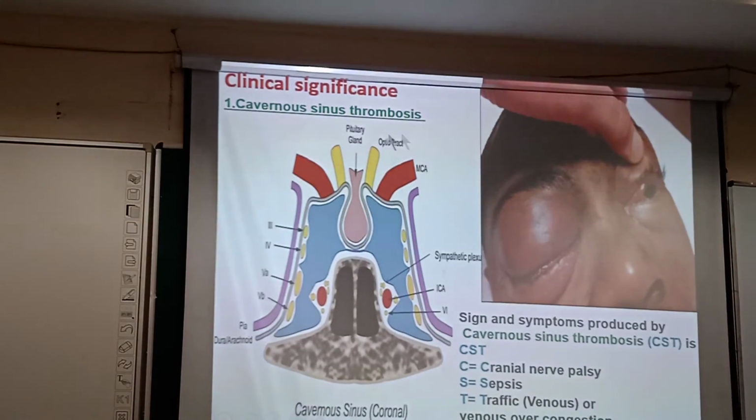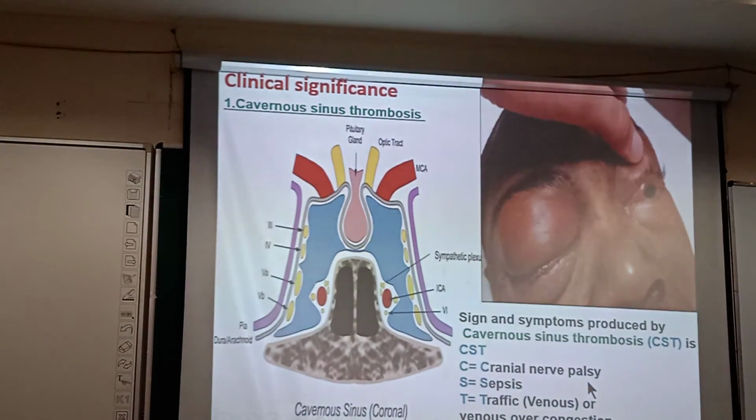Cavernous sinus thrombosis. Septic emboli come into the cavernous sinus, lodge there and form a thrombus. That is known as cavernous sinus thrombosis. The name itself says CST, and it hints towards what symptoms will occur.